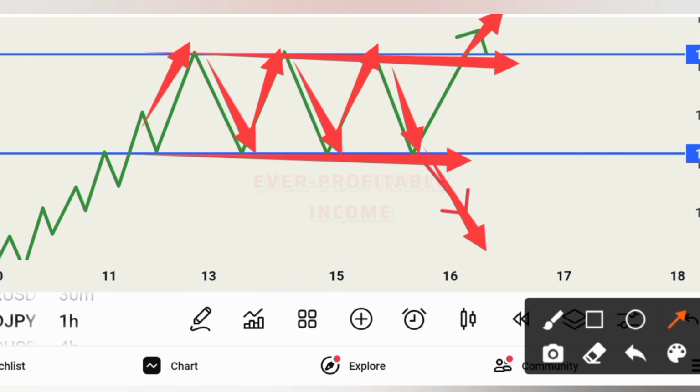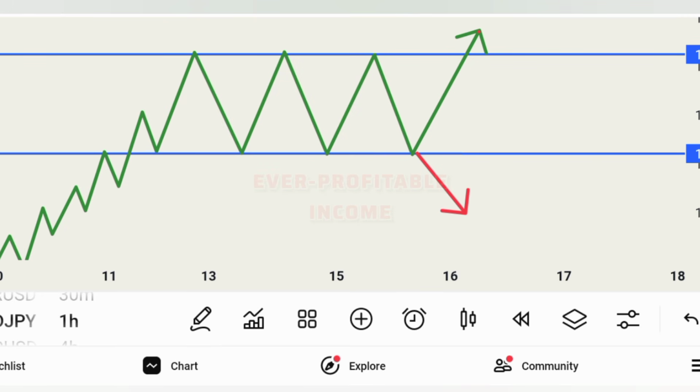So when a breakout occurs, it tells you that the sellers or the buyers are stepping in with high momentum, ready to push price upward. And what do you do at this stage? You get ready to take a trade.